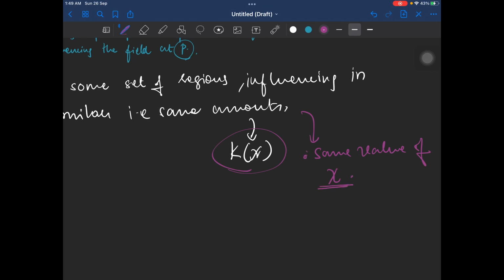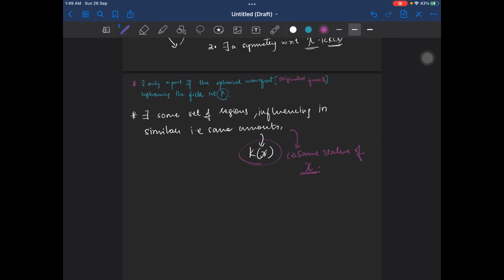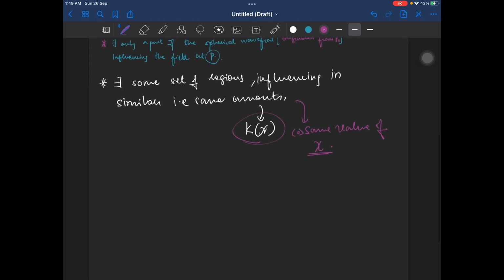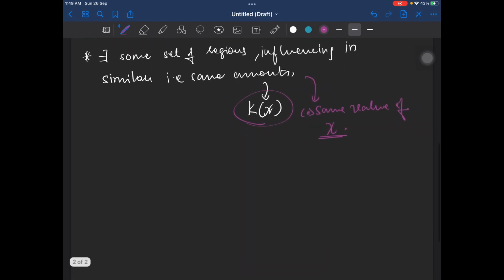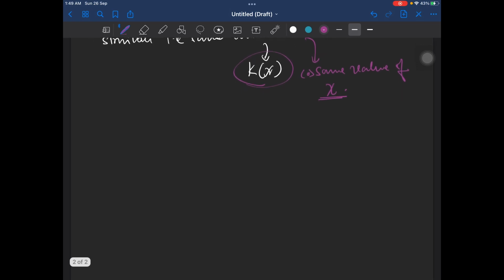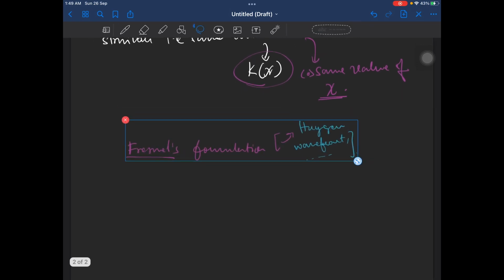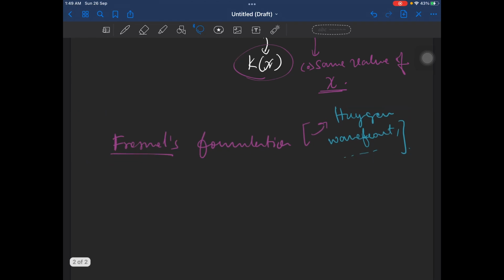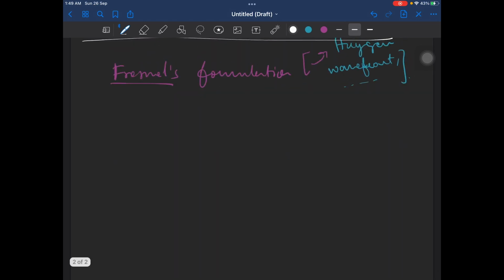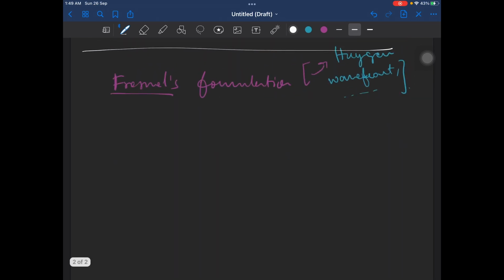Now, okay, these are the things. Now we shall construct a formalism which we have been holding on to. Fresnel's formulation of this. When Fresnel added this mathematical rigidity to it, here's what we get.